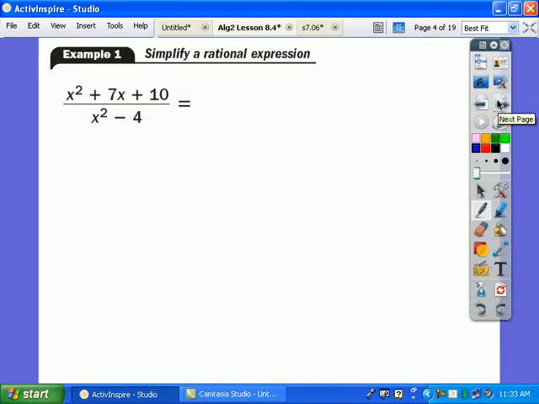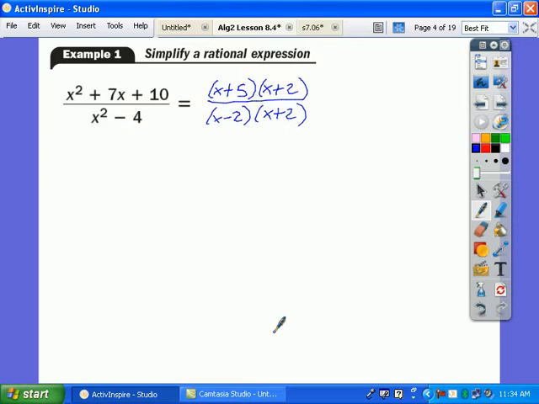Again, here we will factor. The top factors, x plus 5, x plus 2. The bottom factors, x minus 2, x plus 2. And you should be able to do those almost as fast as you can do your multiplication facts. If you don't know your multiplication facts well, that's going to hurt you here as well.